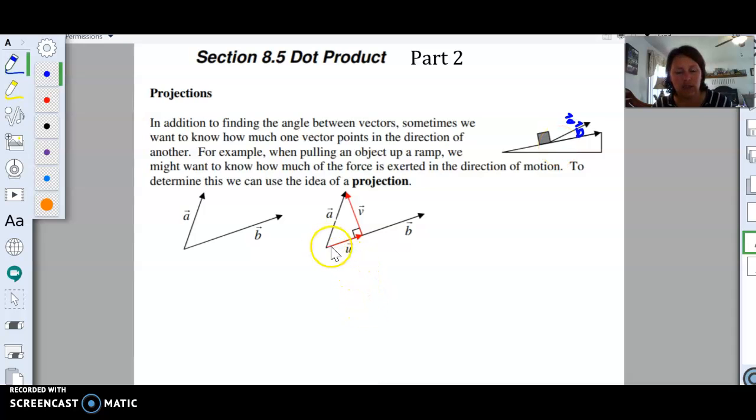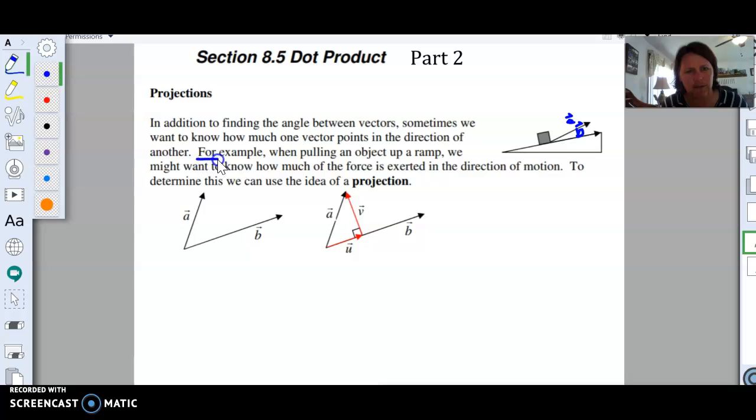The projection can be either a distance or a vector, depending on what we're asking for, but it is the amount that is applied in the direction of the movement. So A is the force, B is the direction of the movement, and the vector u, the projection, is the vector that is the amount of force that applies in the direction of the motion of the object. I know it's kind of hard to explain.